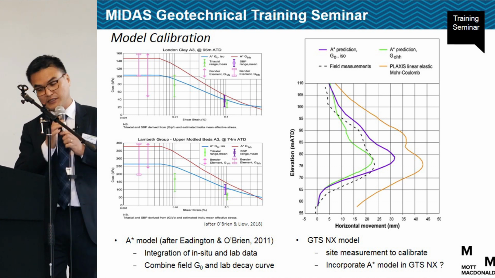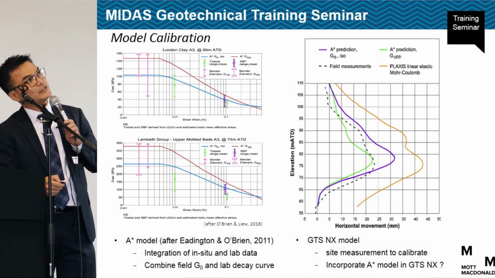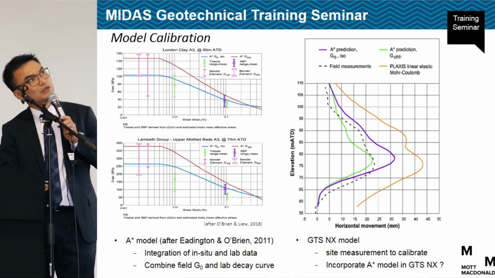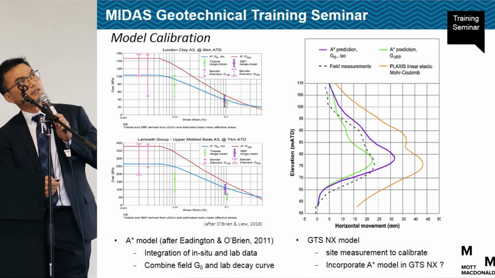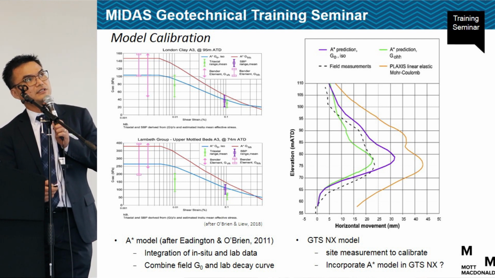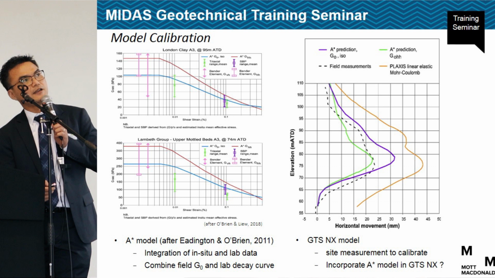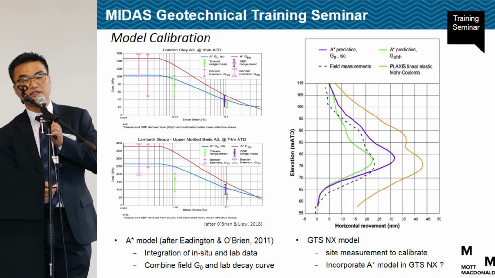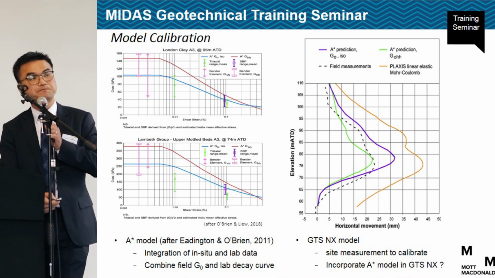For example, you can see the figures on these two. They are the non-linear curves that we use for the London clay and the Lambeth Group, making use of advanced laboratory test data and also self-boring pressuremeter tests. By doing this, we think that we have a more reliable non-linear stiffness curve to predict the ground movement.